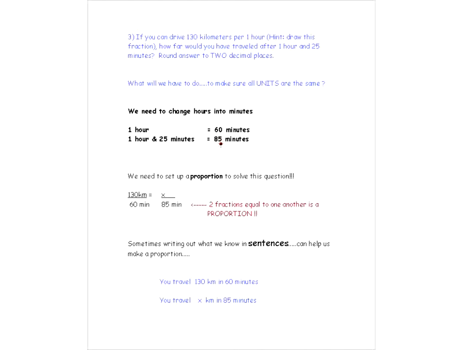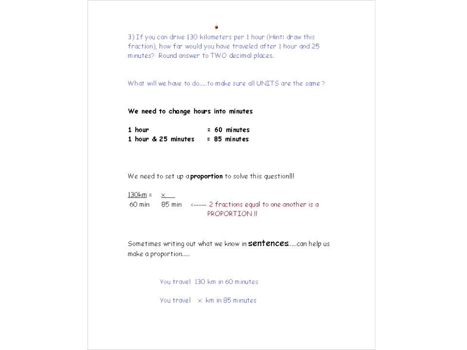Now remember, a proportion is 2 fractions that are equal to one another. The question says, hint, draw this fraction, and it says that right after 130 kilometers per hour. So we need to make a fraction out of 130 kilometers per hour. Since we made an hour into 60 minutes, we're going to make that fraction 130 kilometers per 60 minutes.